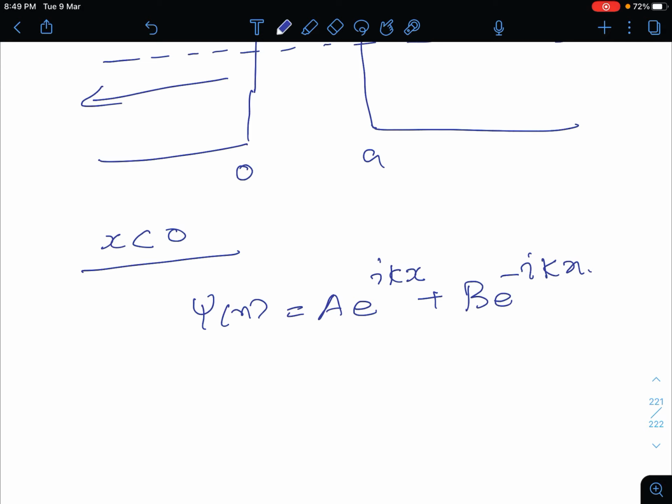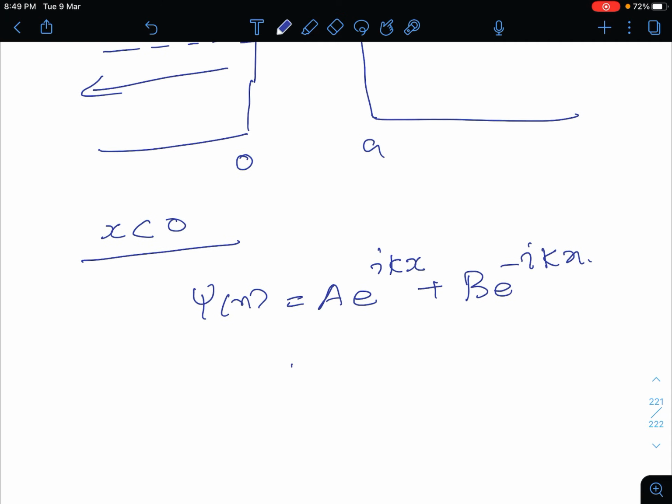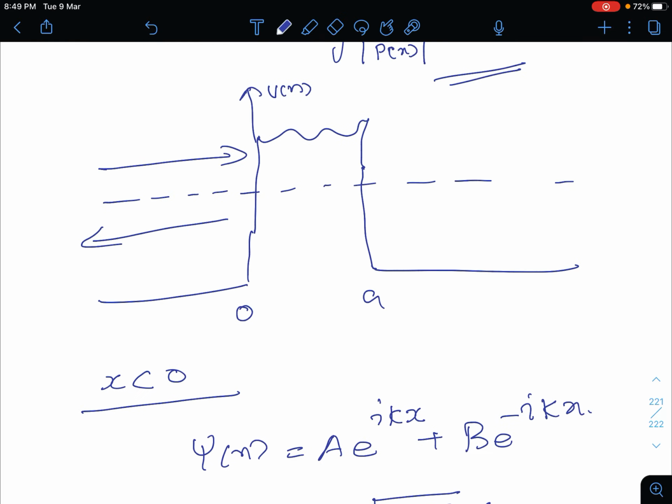Good. What is the k? Here the potential is 0. So k can be very simple. k is equal to root of 2mE by h cross. So that is it. And what about the right side? Here only the outgoing wave will be there, no reflection or anything.